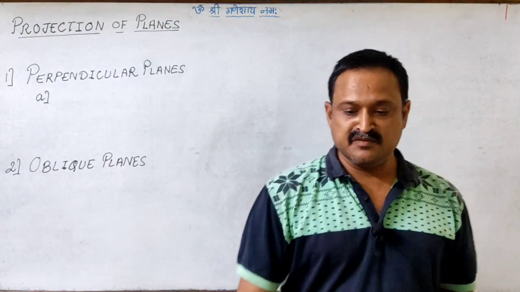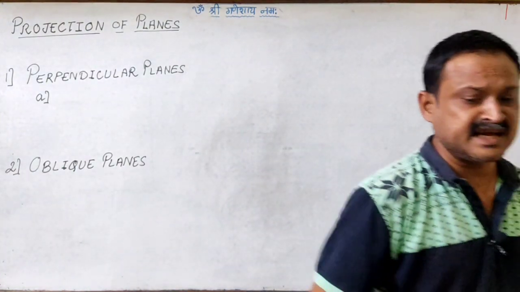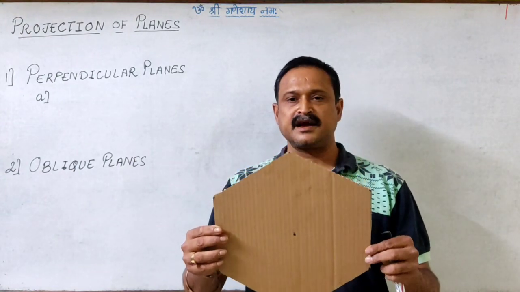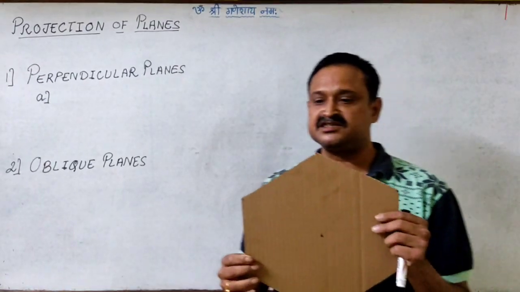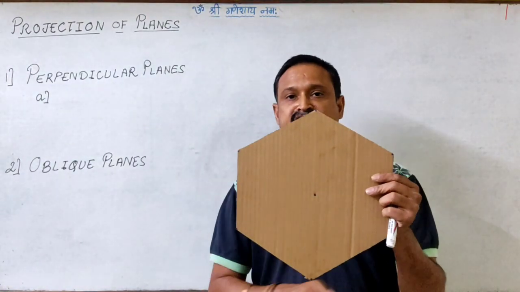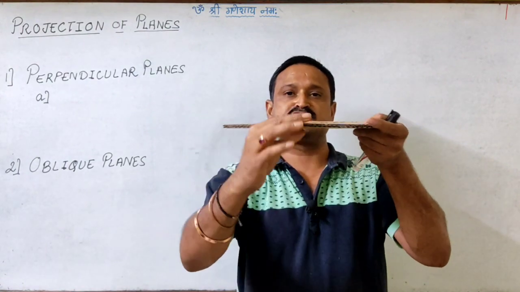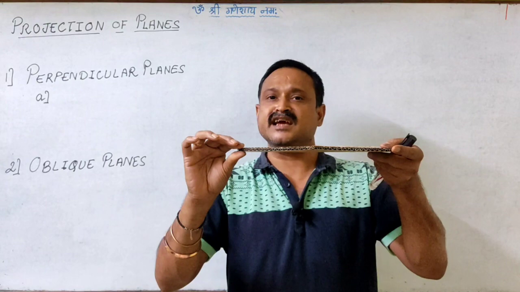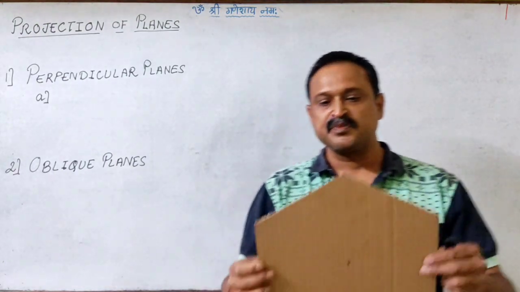Now when we take the condition of a plane, here I have a hexagonal plane. It is two-dimensional, so you can see it has two dimensions, and the third dimension is negligible as compared to the dimensions of the plane. Hence we call this a two-dimensional element.